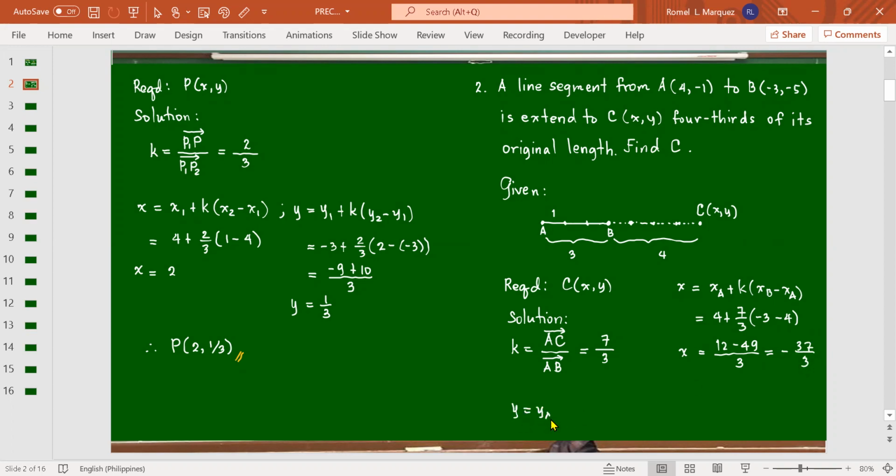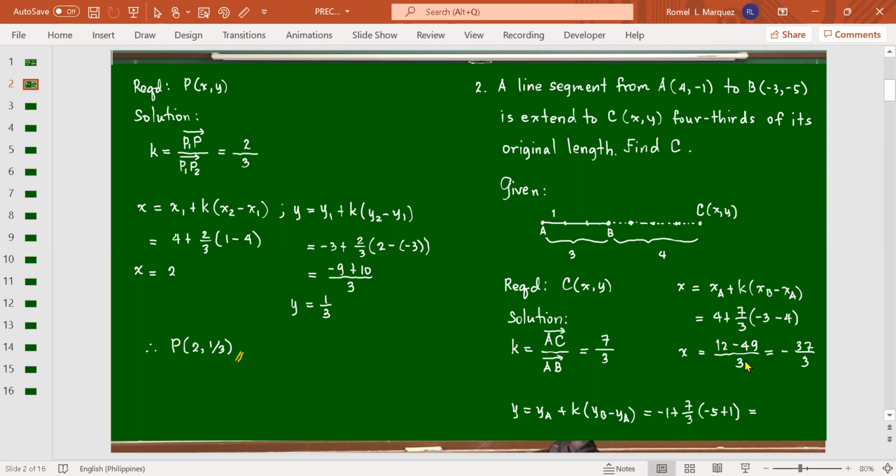What about the y? So that is y sub A plus K times y sub B minus y sub A. What is y sub A? Negative 1 plus 7/3 times negative 5 minus negative 1. So that is equal to negative 1 minus 7 divided by 3 times 4.